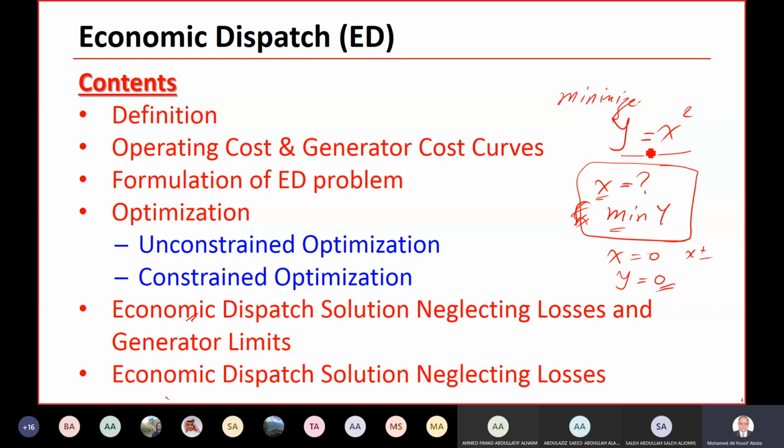If I add to this problem, I say x should be from minus 3 to plus 3. So this is a constraint now. So you have to look for the value of x which is within these bounds, and also at the same time you minimize y.